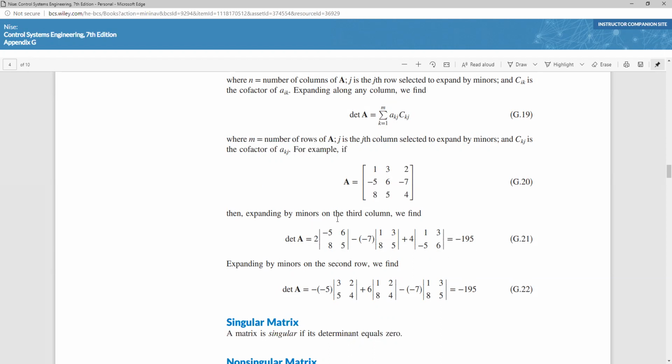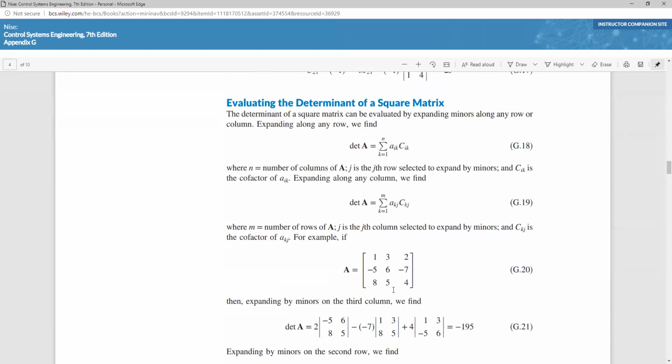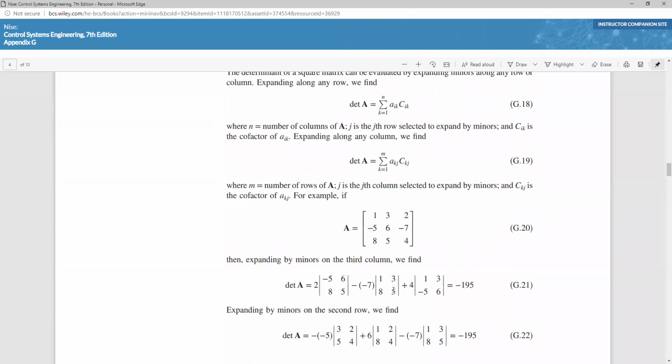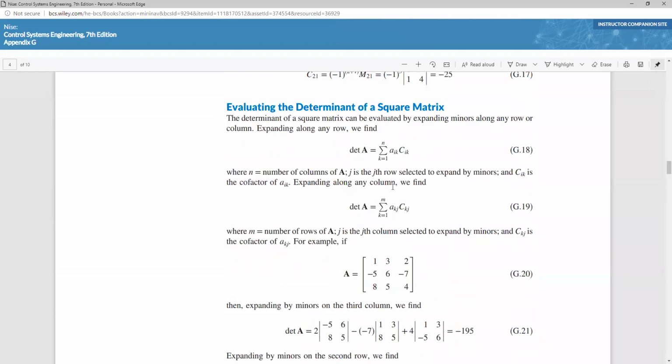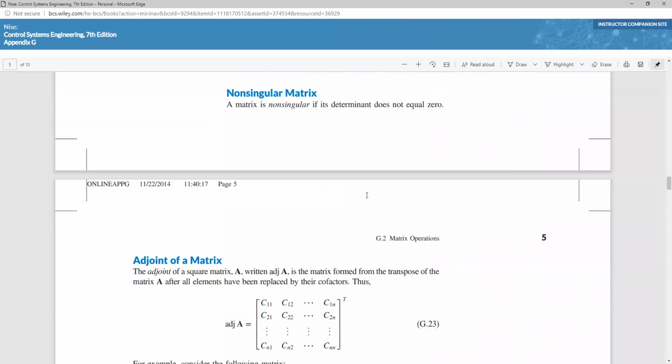See, minus on the third column, we're completing the minus of the third column. And if we do this on the second row, then it will change. That is the policy of finding the determinant.